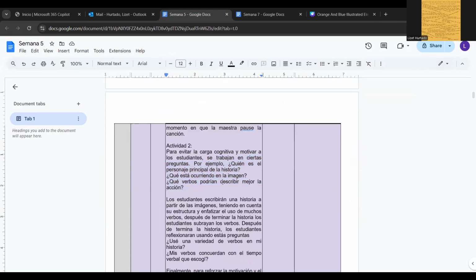And in this other one, as I mentioned before, to reduce the cognitive load and motivate students, we work through stories. So we ask again questions that will help them to analyze.